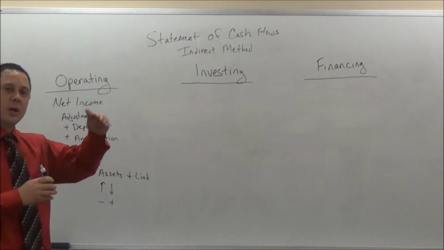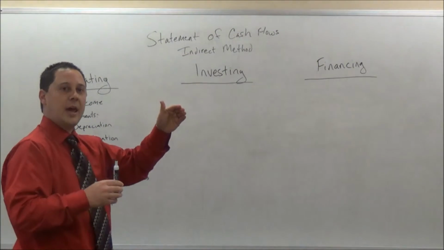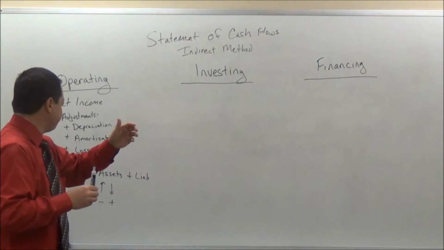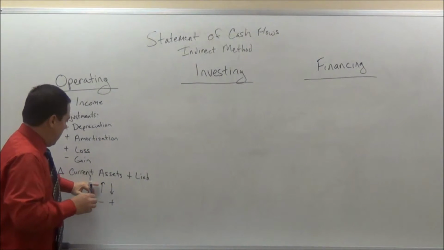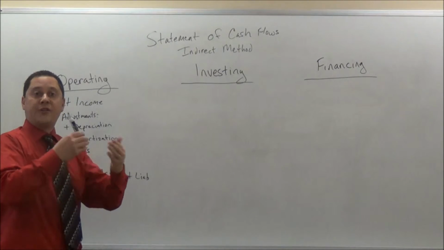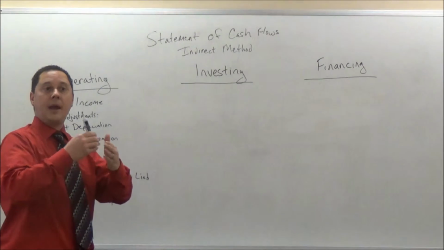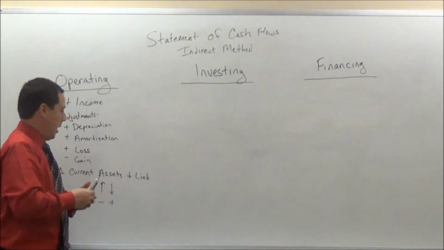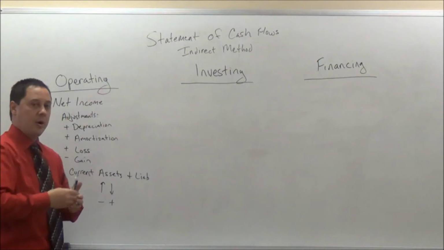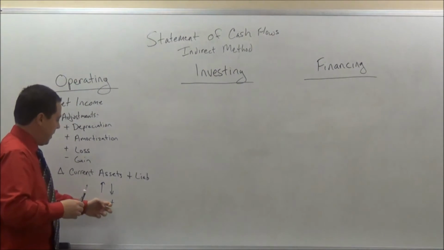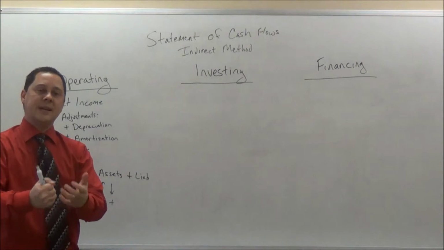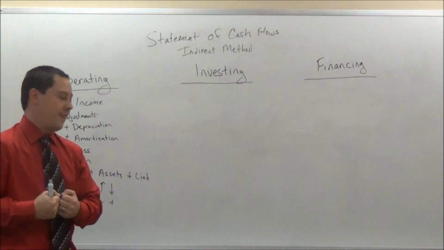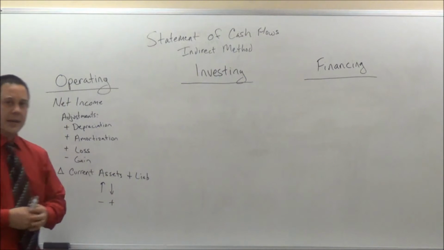If I have an increase to my current assets, then that increase will cause me not to be able to pay the cash for that asset. So I'm taking away that cash that I may have as a part of that. So what I'm going to do is decrease it. Now here, if I decrease it, it means I receive more accounts receivable in, then I will add it.